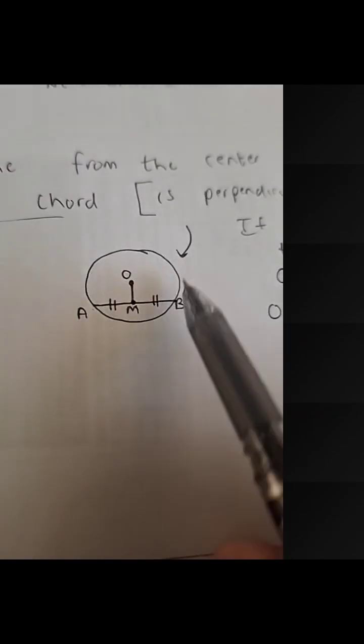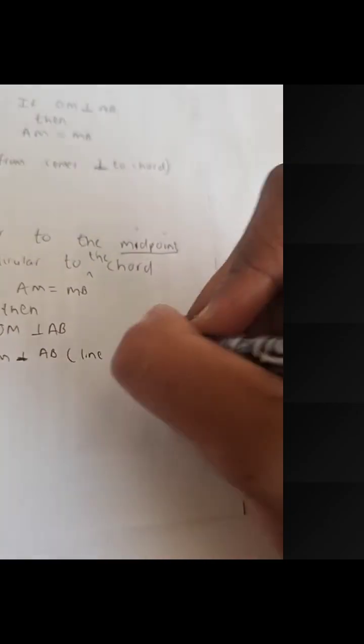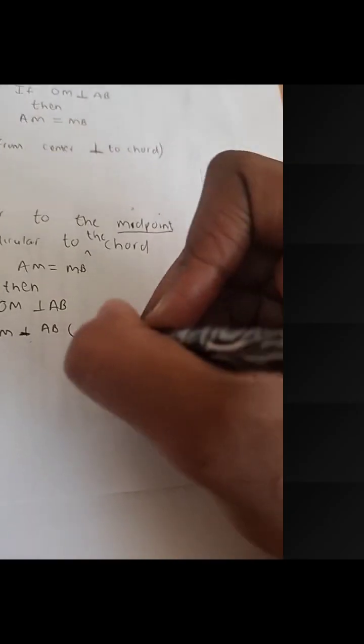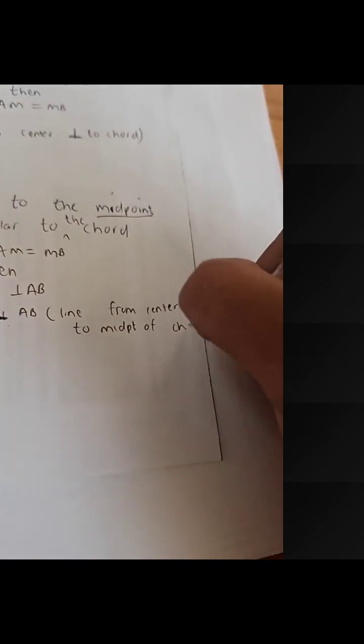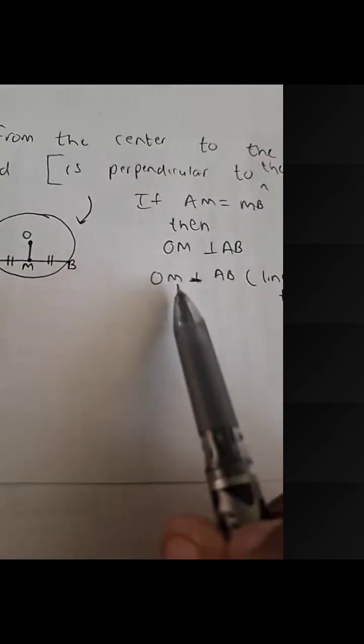The reason is found in the diagram. The reason is simply this: line from center to midpoint of chord. Done. Line from center to midpoint of chord. That is why I say OM is perpendicular to AB.